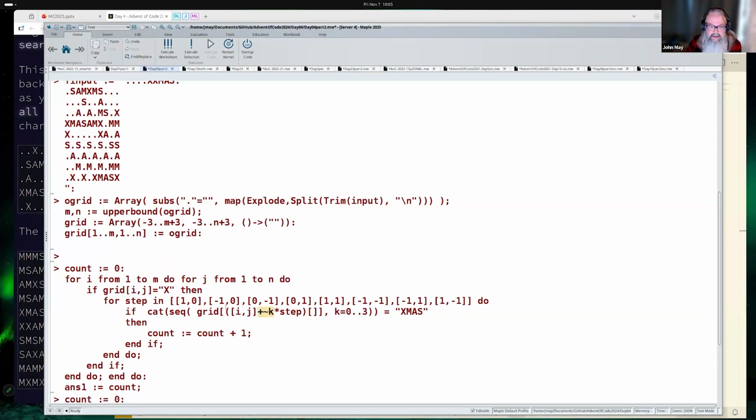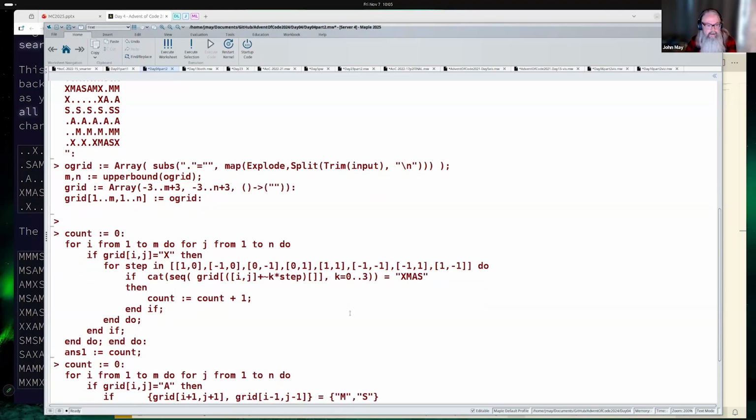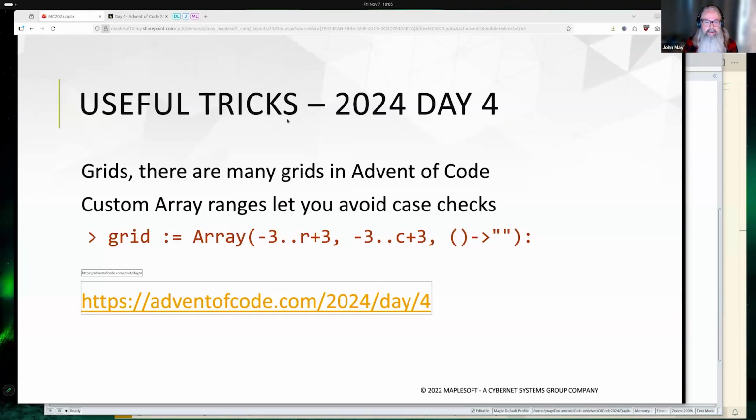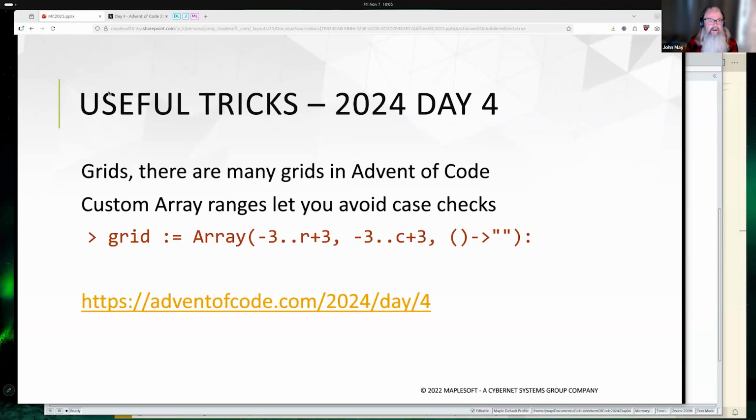So this test is going to fail, which is fine. That's what I want it to do. I want it to fail quickly. Anyway, that's a cool trick that you have available in Maple. It makes your life very easy. So that's a useful trick.